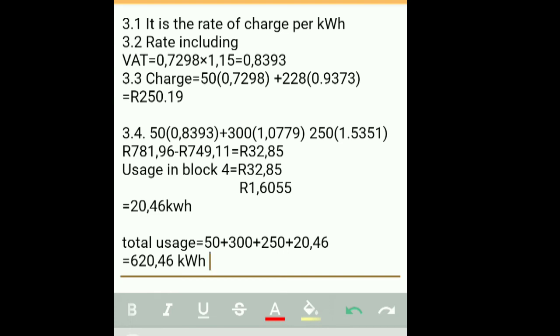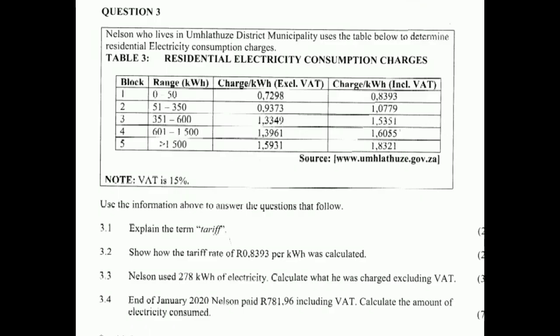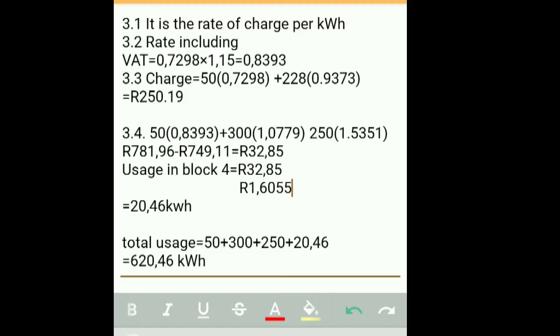Remember that Nelson used over 700, which simply means he must also get charged on block 4, because block 4 is 601 to 1500. So we are charging him also here. That's why we said usage in block 4 is equals to 32,85.